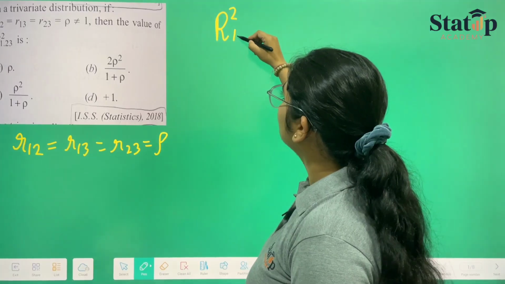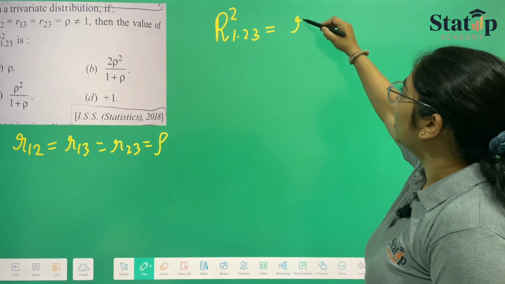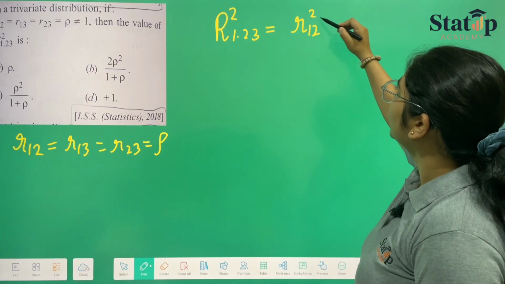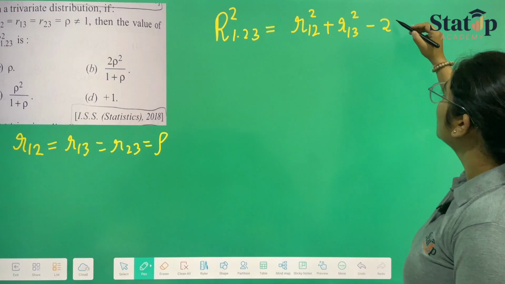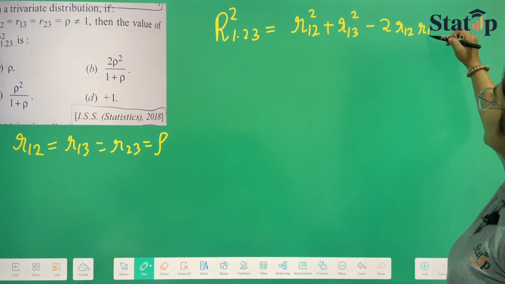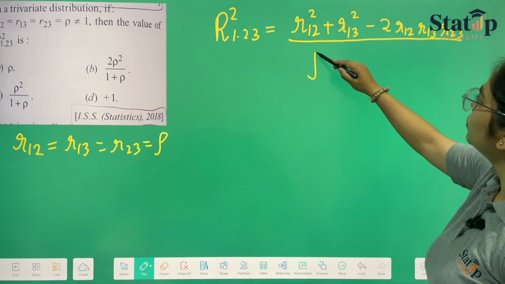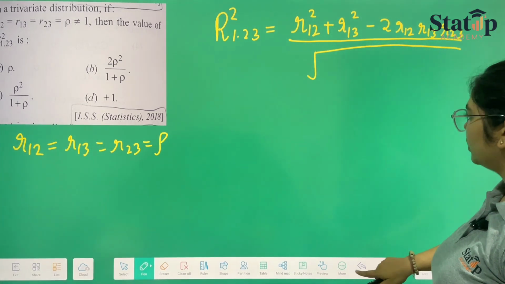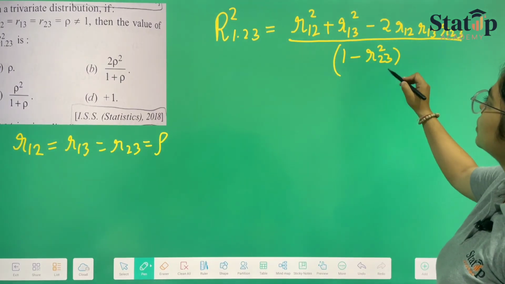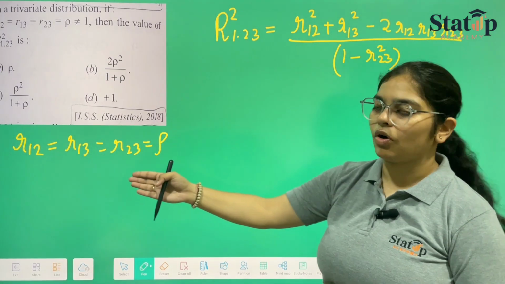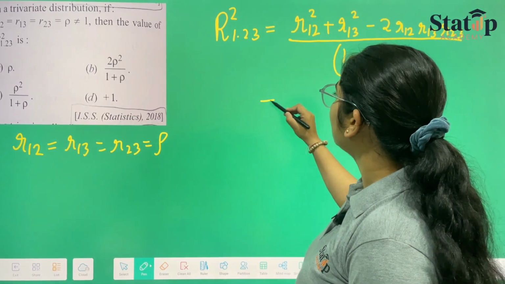Now, the multiple correlation coefficient has the formula r12 square plus r13 square minus 2 r12 r13 r23 upon, sorry, it won't be under root, 1 minus r23 square. Since all the values of r, which is the correlation coefficient, are rho, we just have to put them in the formula.